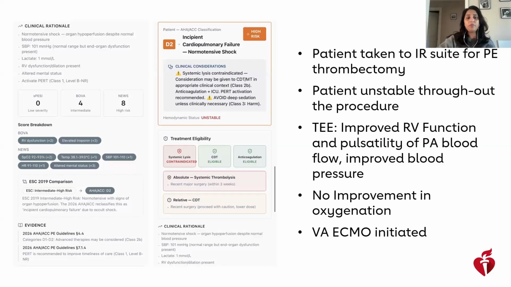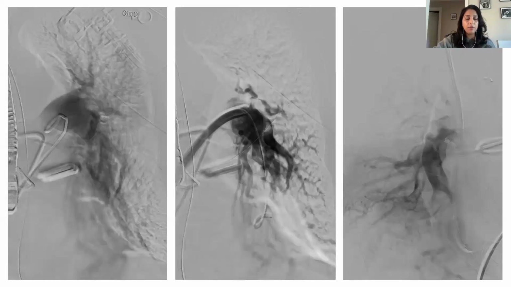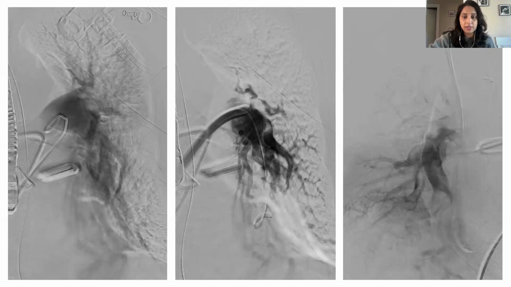And so when we did the procedure, and I'll go through the procedure next, here you can see selection through the transfemoral approach of the right and left pulmonary arteries. And I don't have all of the pictures here for you, but essentially the PA-gram shows almost this tortuous appearance of each of these blood vessels with some filling defects, and you're definitely not seeing all of the parenchyma.